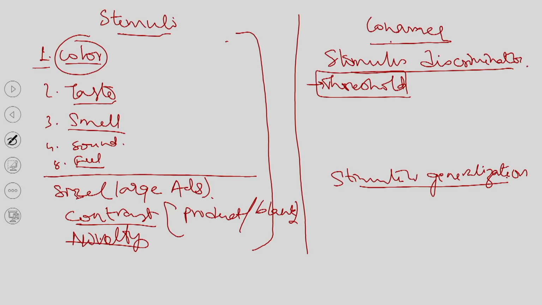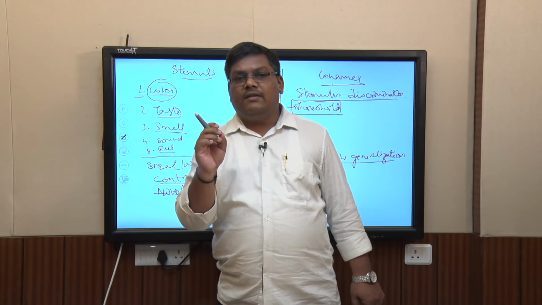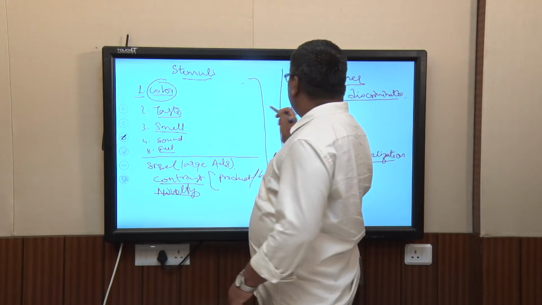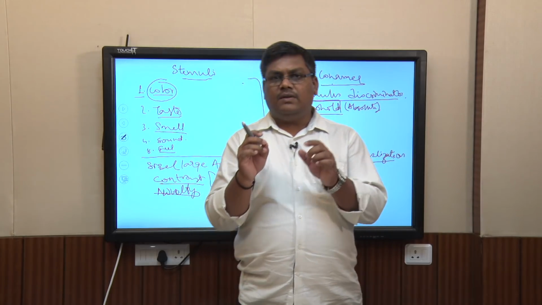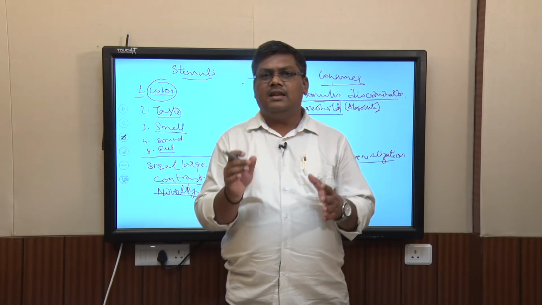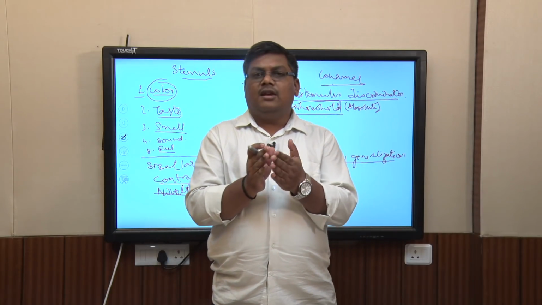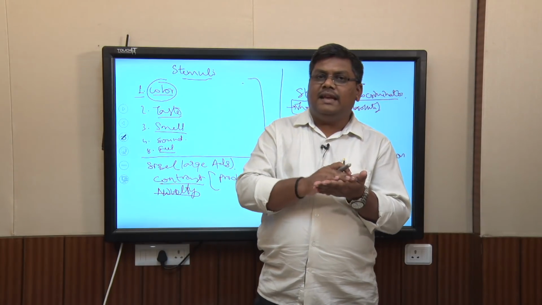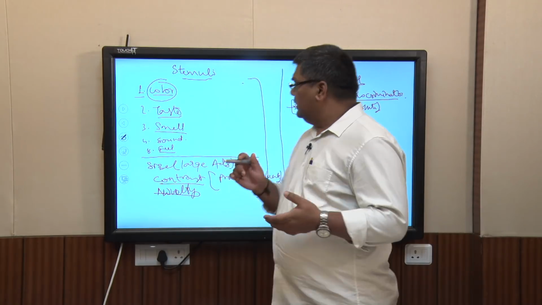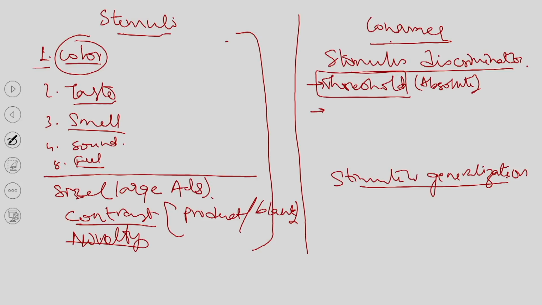Threshold, sometimes called the absolute threshold, is the minimum amount of stimulus difference that should be present between the presence and absence of a stimulus. So this is the minimum amount of difference between a stimulus being there and not being there. The second factor is called the differential threshold.